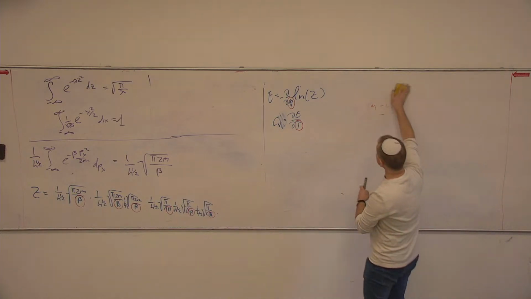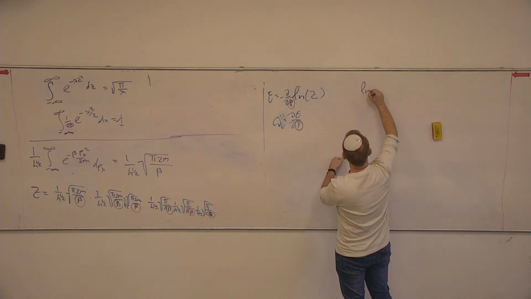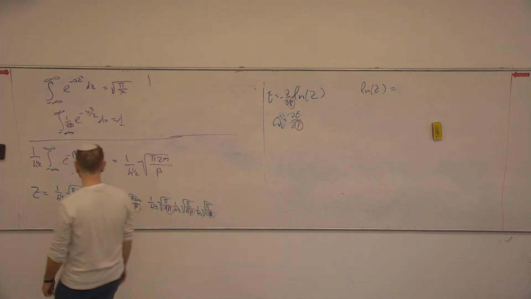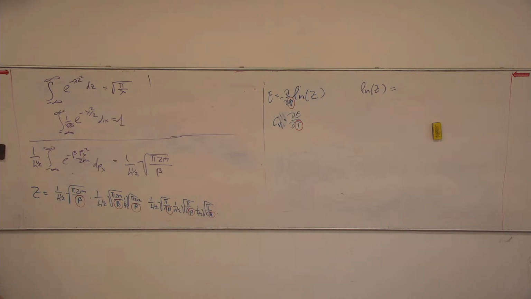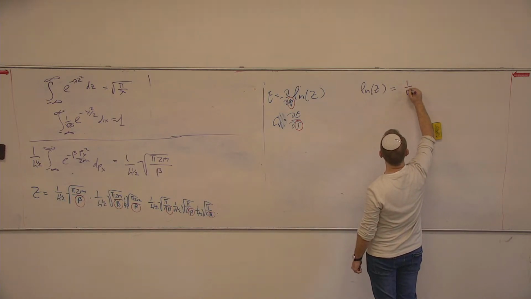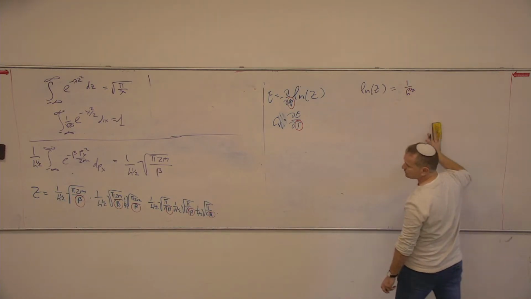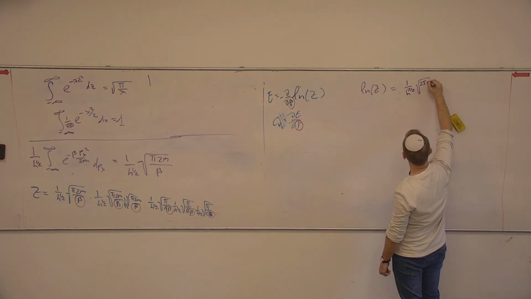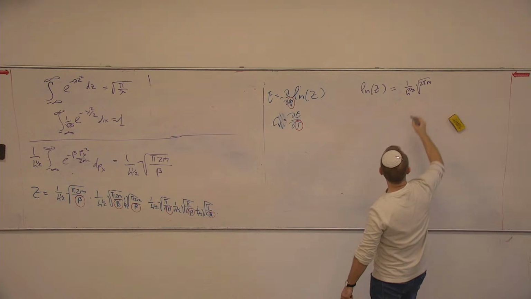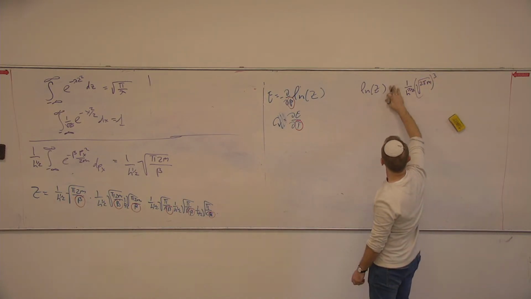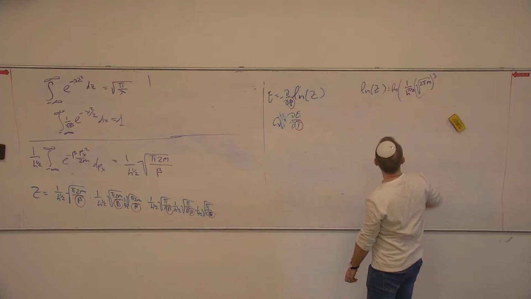So ln Z, it's a bunch of constants, a huge bunch of constants. If you want me to write it down, I will write it down. It's 1 over h to the 3/2, square root of 2 pi m to the power 3, log.